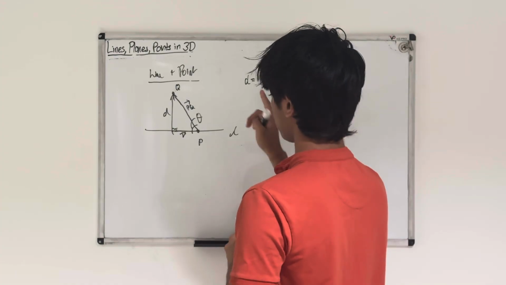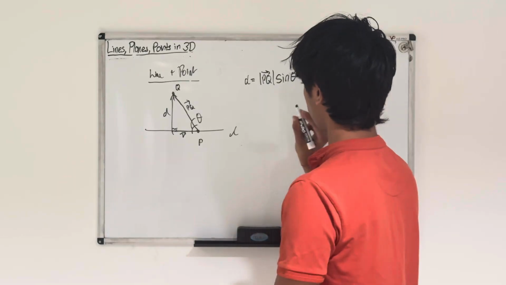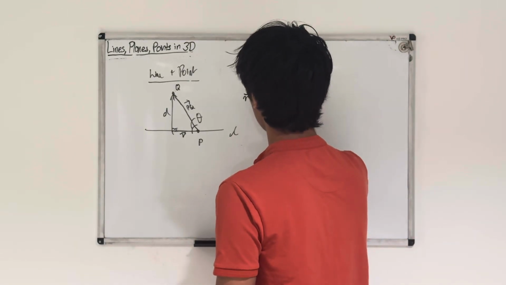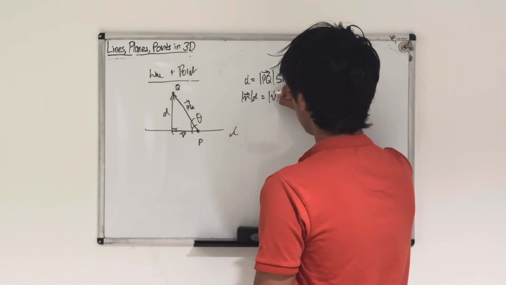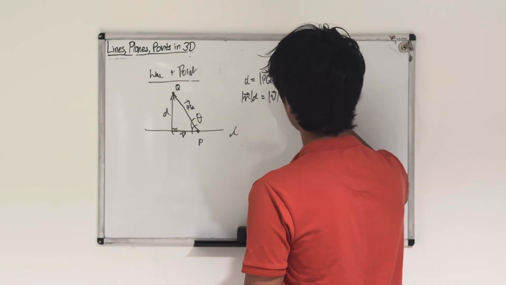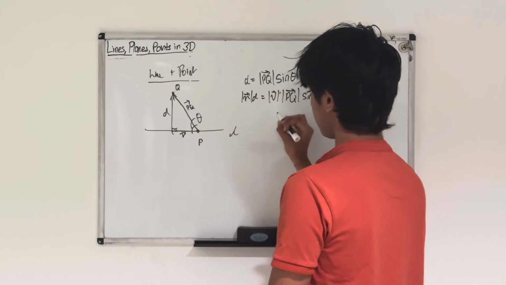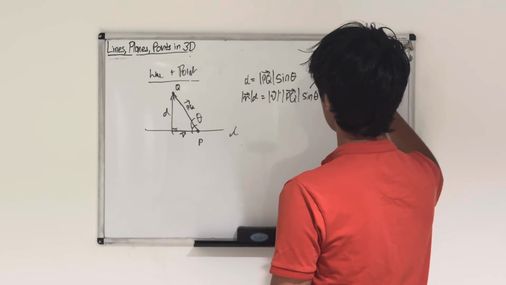And we realize, oh, PQ sine theta, that kind of looks like the alternate definition for a cross product. So if we multiply it by v on both sides, we get that magnitude v times PQ times sine theta is equal to magnitude v times d. And this is actually the magnitude of the cross product between v and PQ.